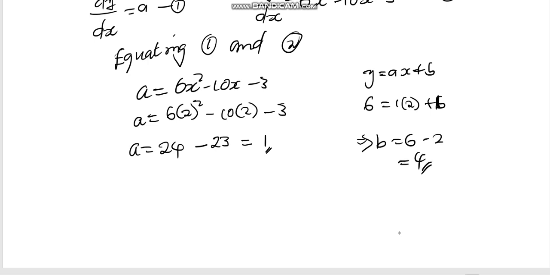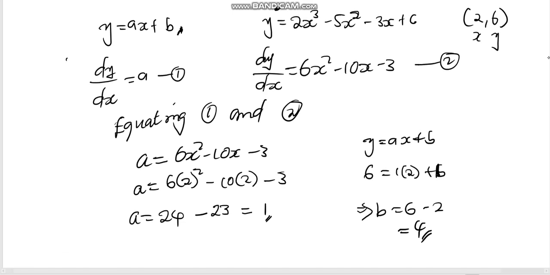Now remember, we also need to find the value of c. So we go back to the curve on top, y equals 2x cubed minus 5x squared minus 3x plus c.